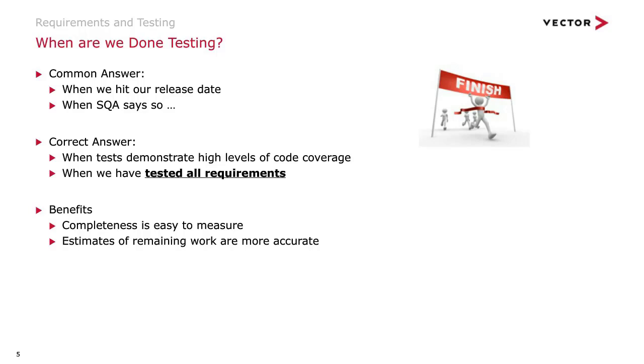If there is code that isn't covered, then you have to ask the question about why that code is there. Why has that code been put into the system if it doesn't map back to any of the requirements you have for this system? There might be a good reason for it to be there, but you really should be asking the question, why is that code there? And what will happen if that code ever gets executed, since you've never tested that code and you haven't set any expectations for that software?